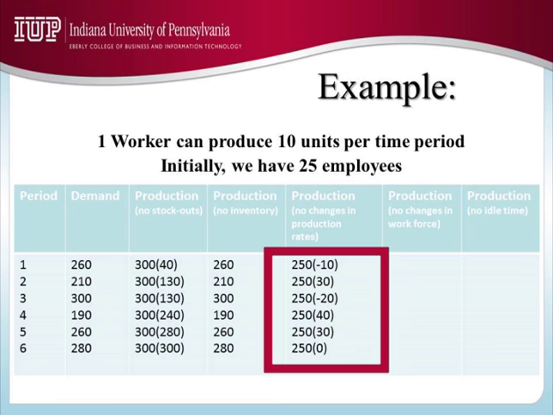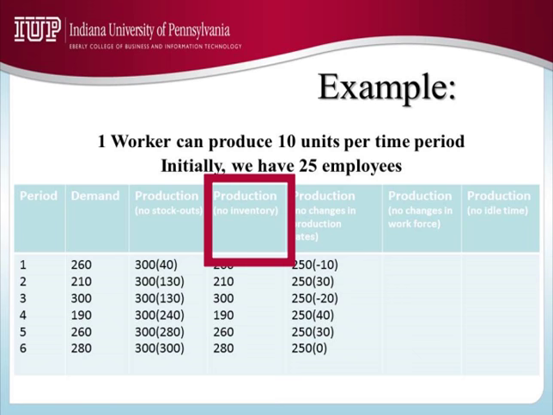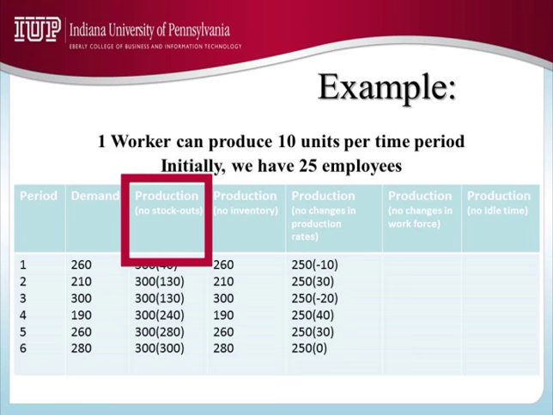So this particular production sequence of no changes met the objective here, but failed to meet the objective of no inventory and no stockouts, because you had inventory here, here, here, stockouts here and here.